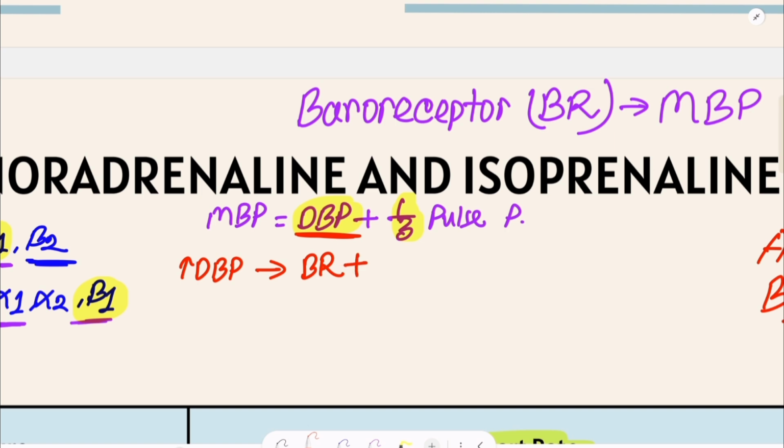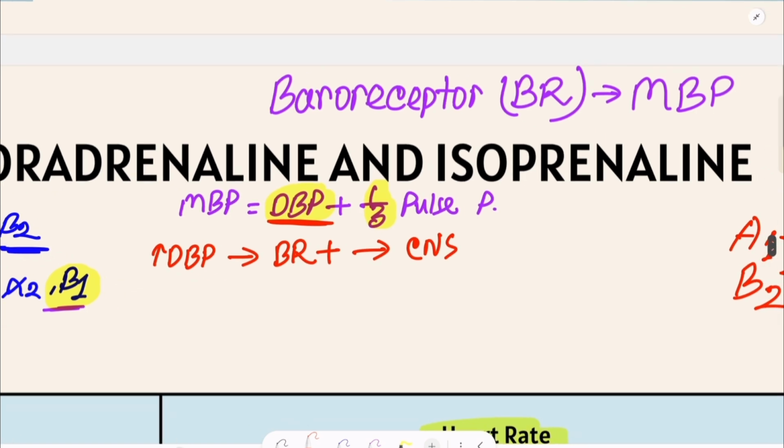And whenever baroreceptors are stimulated, they will immediately pass this information to the central nervous system, means brain and spinal cord. Baroreceptor passes this information to the CNS with the instruction that diastolic blood pressure is more. Please reduce this blood pressure. Our CNS has only two arms.